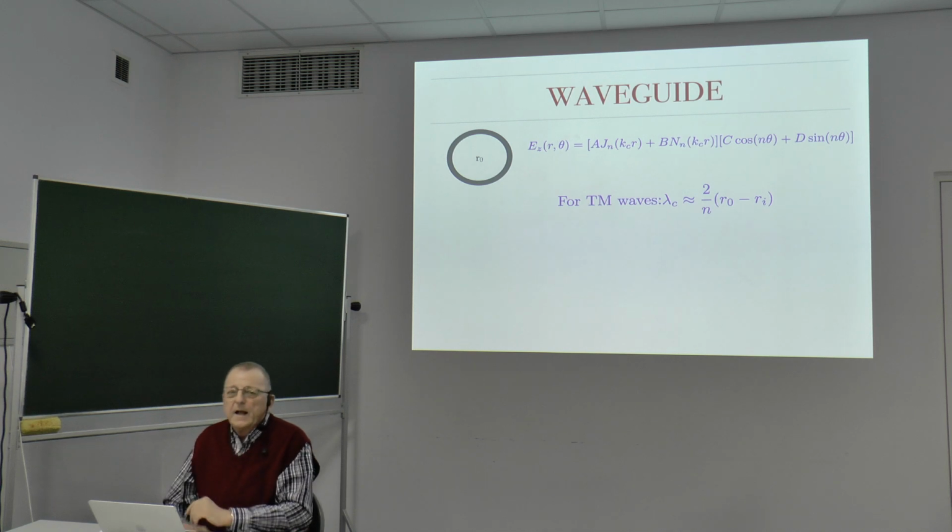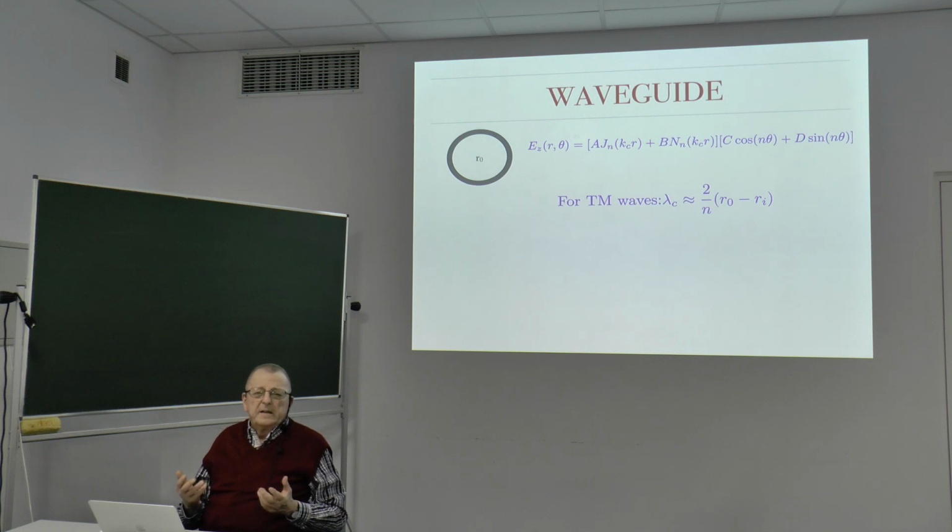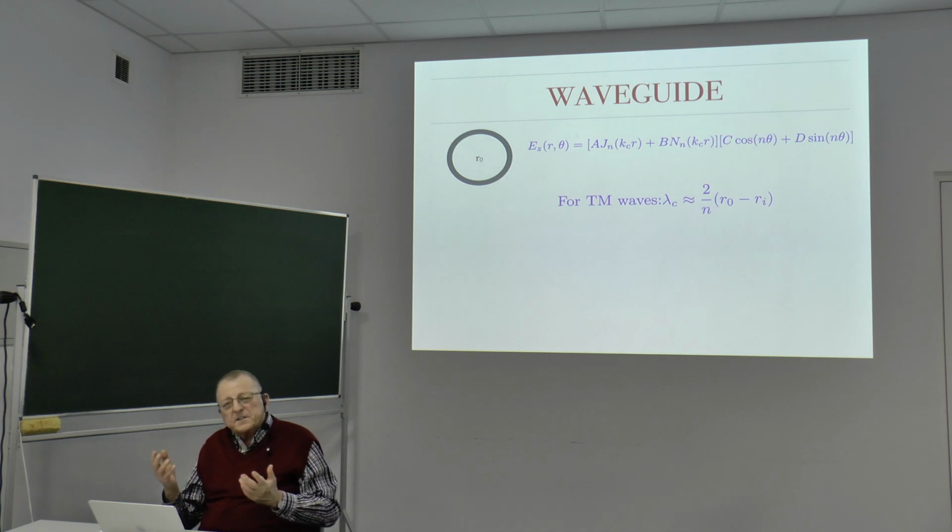Great. And of course, this is easy to solve in a rectangular case. The obvious question is, how does it look if this is a cylindrical waveguide? And then it's complicated.